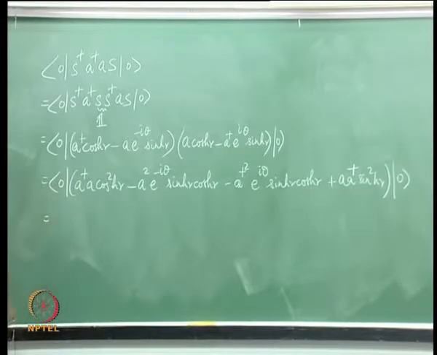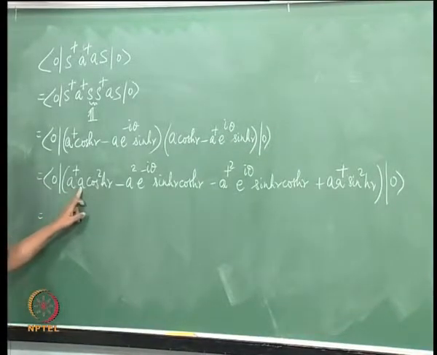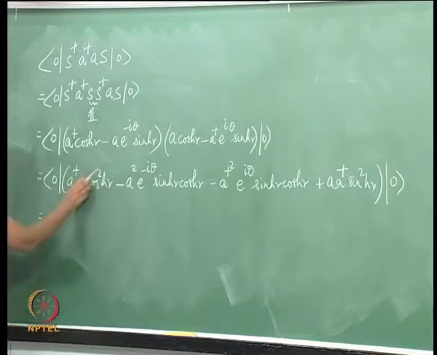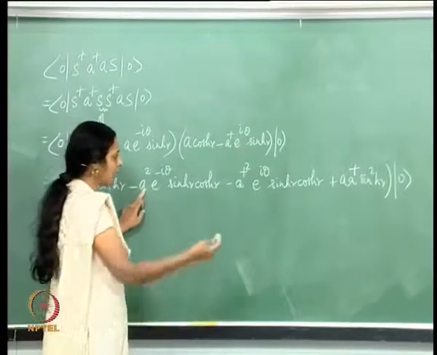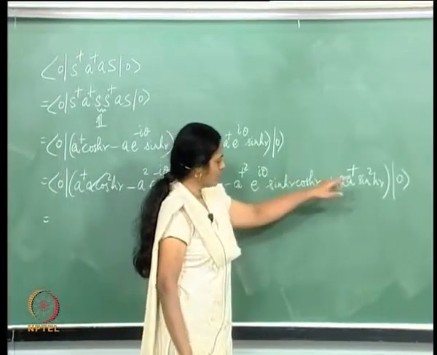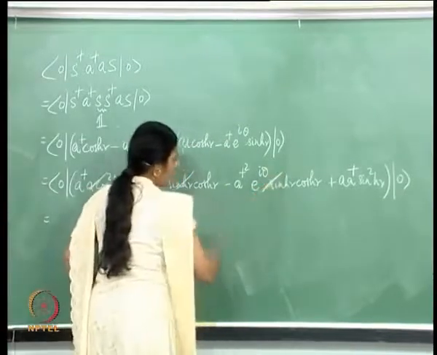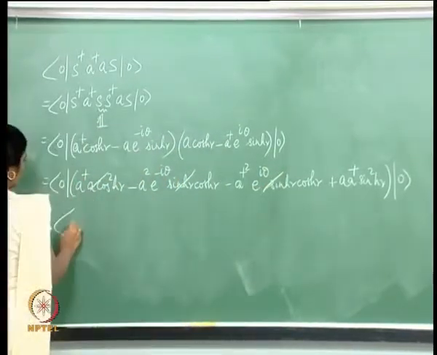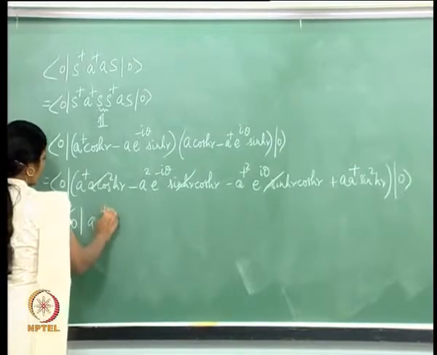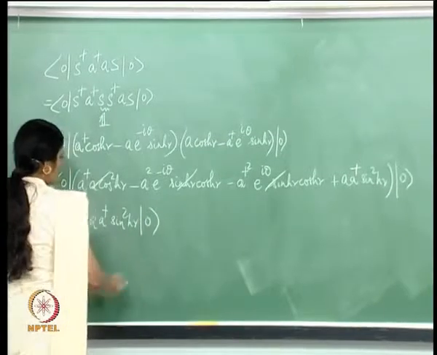This can be simplified as before. Look at the first term, A†A acting on |0⟩ gives me 0, so that does not contribute. A² simply annihilates |0⟩. A†² acting on |0⟩ takes it to |2⟩, and by orthogonality this is 0, and I am left with ⟨0|AA†|0⟩ sinh² r.